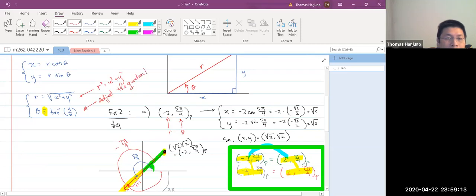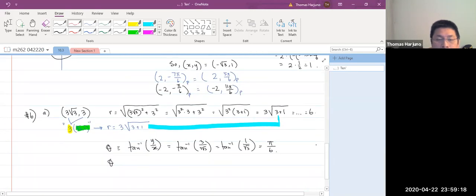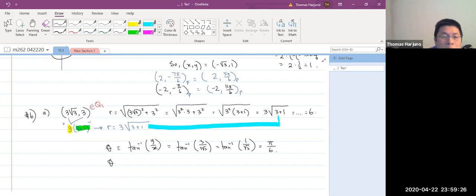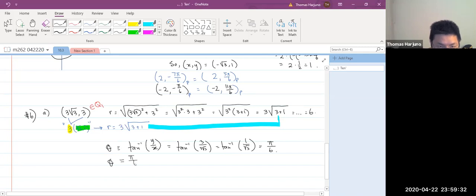Now we see that this coordinate is in quadrant 1, and pi over 6 is already in quadrant 1. So we can say this is equal to pi over 6.